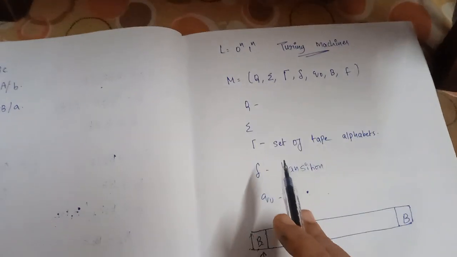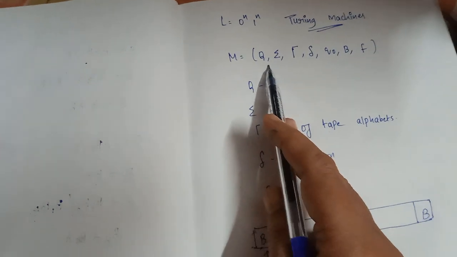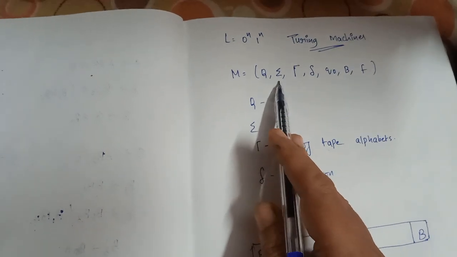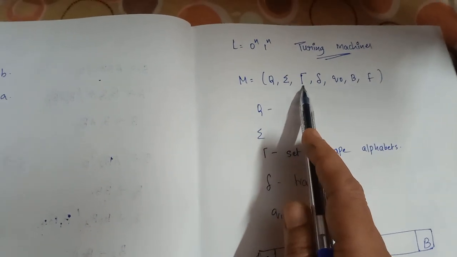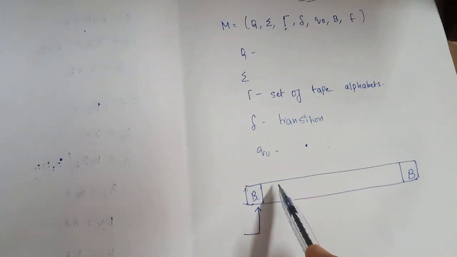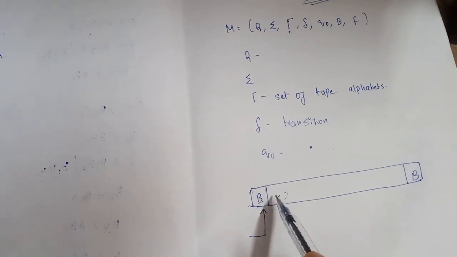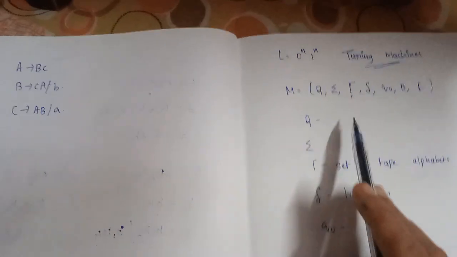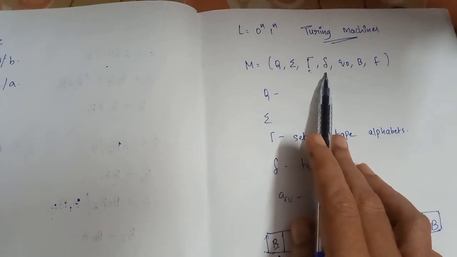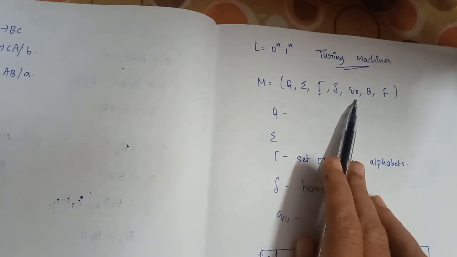Now we will discuss the definition of a Turing machine, which consists of Q, a finite set of states. Sigma is the set of input symbols, and tau is the set of tape symbols or tape alphabets. Whatever input symbols we write into the tape, we call tape alphabet. Delta is the transition function, as we do for finite automata. Q0 represents the initial state.